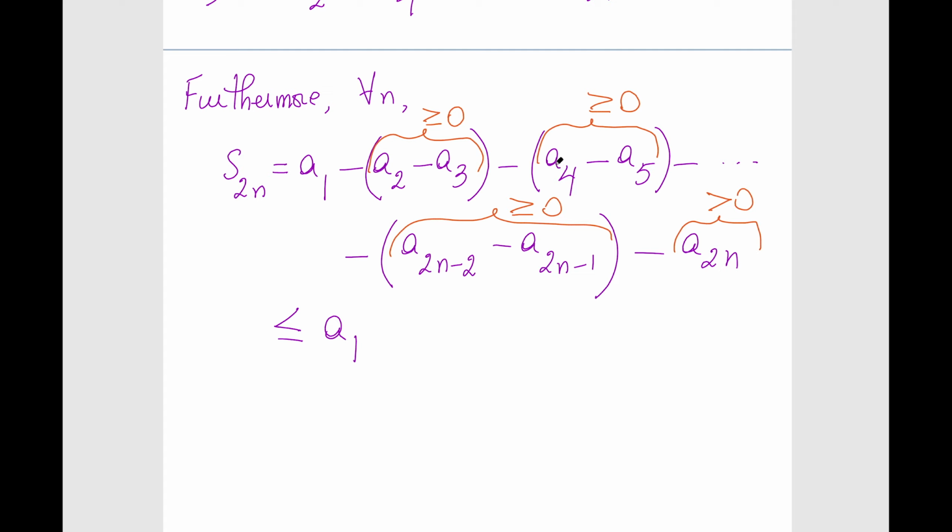This last one is supposed to be positive. You're chipping away positive numbers from A1, so certainly you are decreasing A1. So certainly this whole thing is less than or equal to A1. Make sense? So S2n for all n is bounded above by A1. What can you infer then?